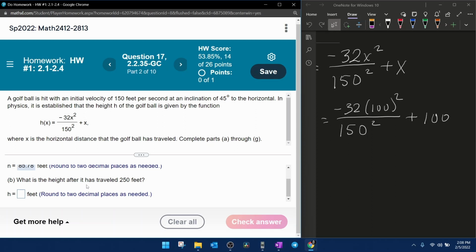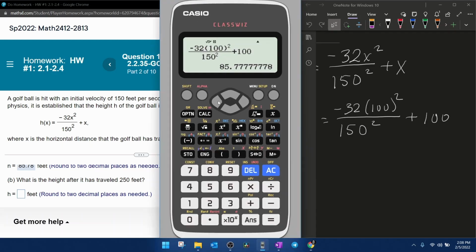Next, what is the height after it has traveled 250 feet? Same song, second verse. Now, if you have the ClassWiz, you can simply backtrack and replace the 100 with 250. Every x now needs to be 250, so we're going to replace each one of the 100s with 250, and then this would represent the calculation to get the height of the golf ball after it travels 250 feet.